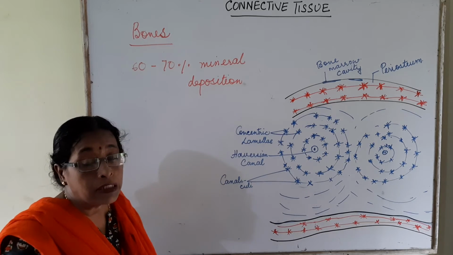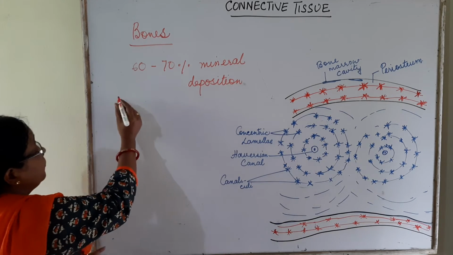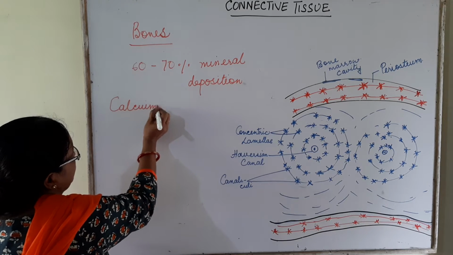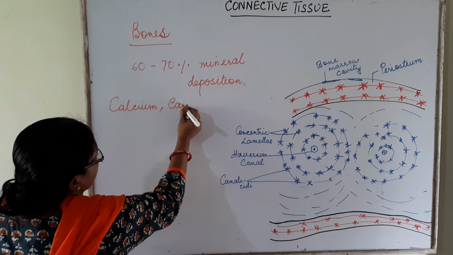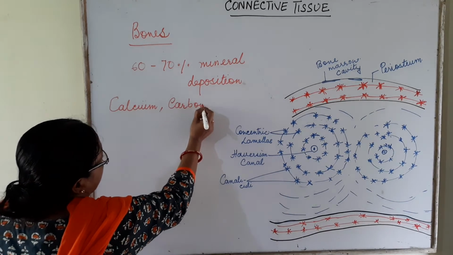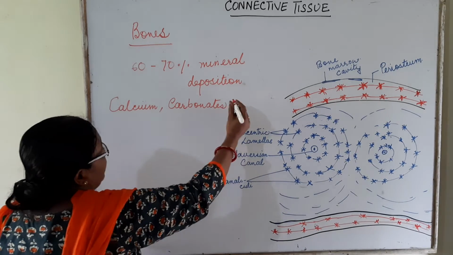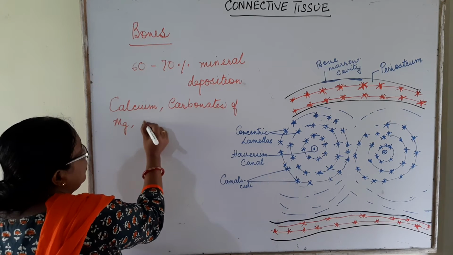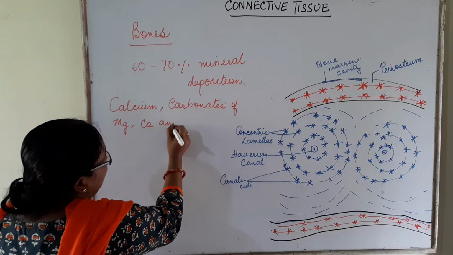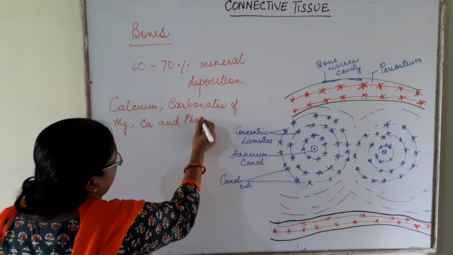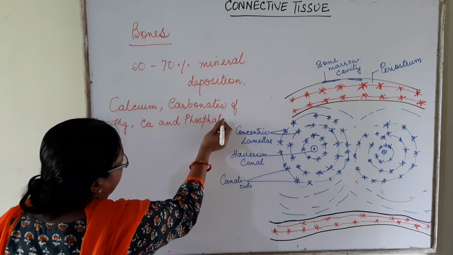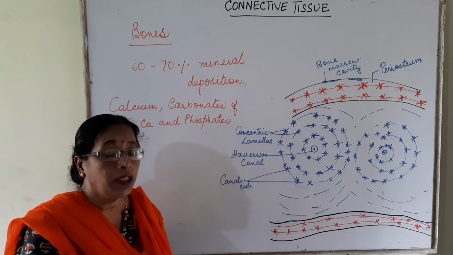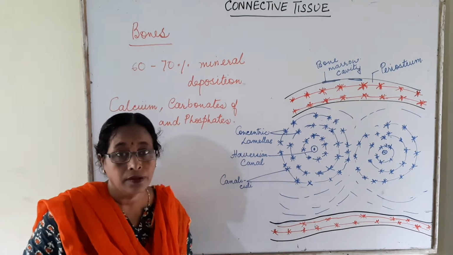The main minerals consist of calcium, carbonates of magnesium and calcium, and also phosphates. In fact, the hardness of the bone depends on the deposition of these minerals.